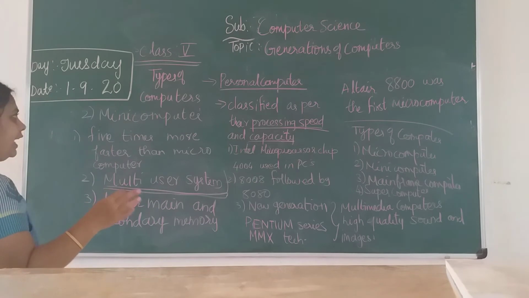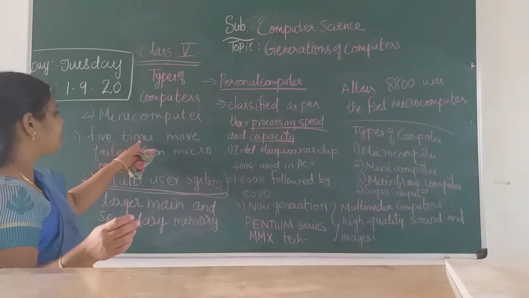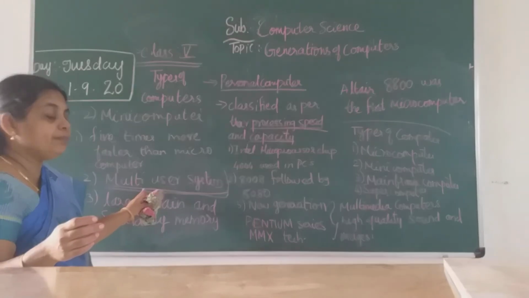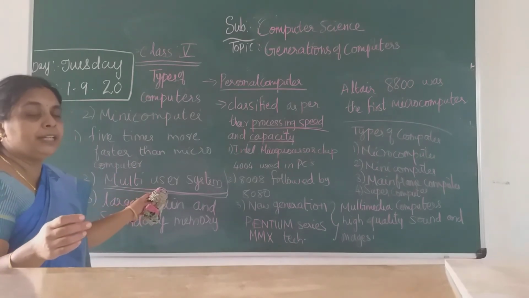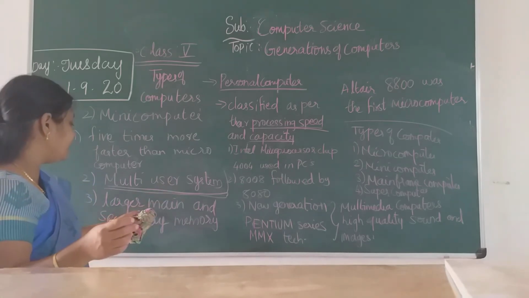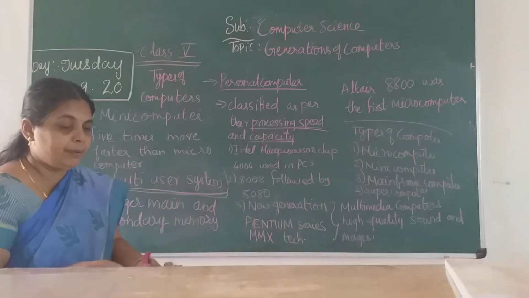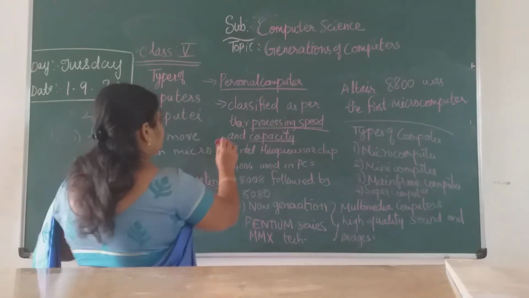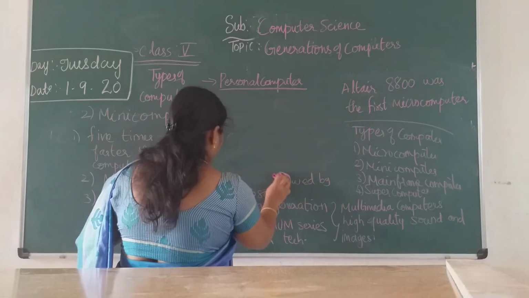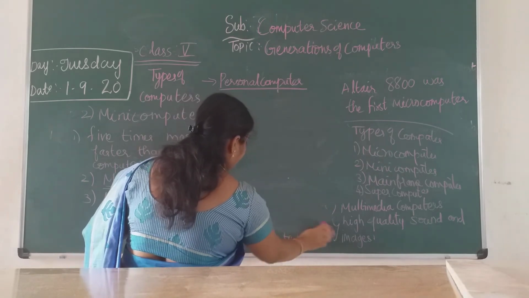So when you classify, the mini computer is 5 times faster than the microcomputer. It is multi-user system. Multiple people can work on multiple things at a time, and it has more main and secondary memory. They are mainly used in payroll, stock control, banking, reservations and all.